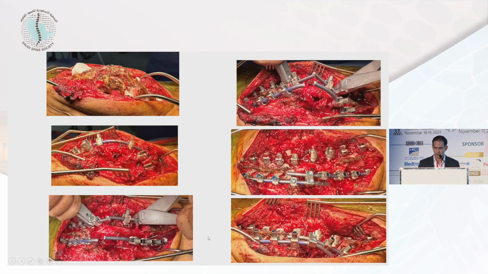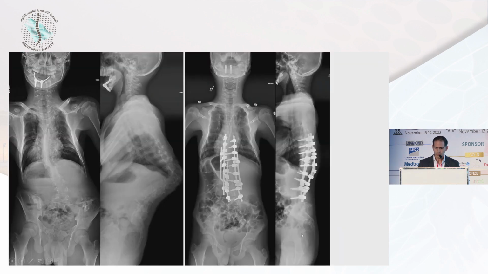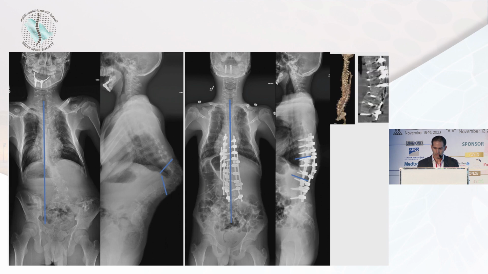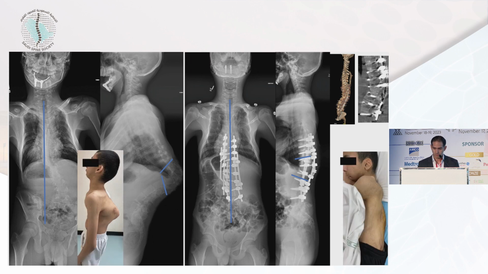So in this case, of course, we need a temporary rod in such cases in order to avoid destabilizing the spine. And after the resection has been done, the domino was inserted on the left side because the convexity was on the left side, and progressive compression and reduction was able to achieve a satisfactory correction in the coronal plane and also in the sagittal plane with a bone-on-bone contact, actually, in this case, which was tolerated by the patient, and also a satisfactory clinical outcome.